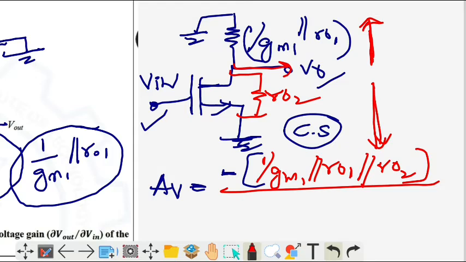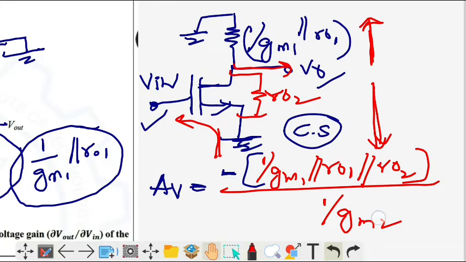And what is the denominator term? For the denominator term, we go from the ground to the input and see what the effective resistance is when you look from here. The effective resistance looking into the source of a MOSFET is 1/gm. Here it is transistor 2, so it is gm2.